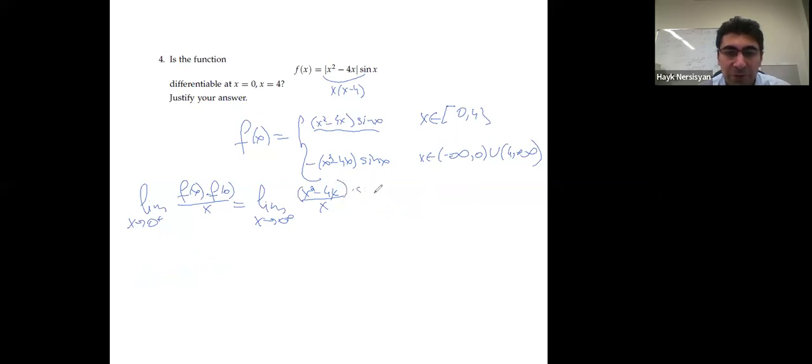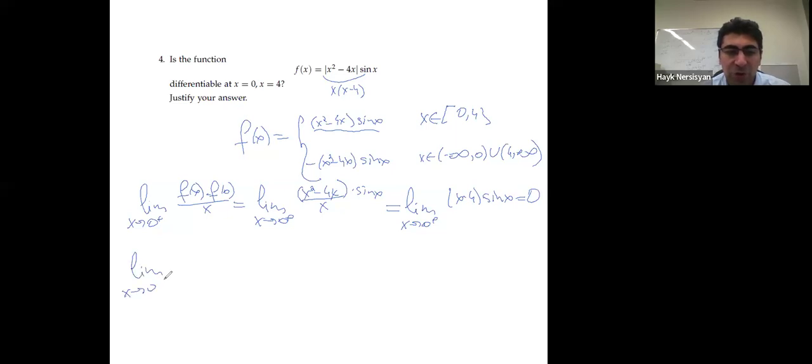Times sine x, and its limit as x goes to 0, x minus 4 times sine x, which is minus 4 times 0.